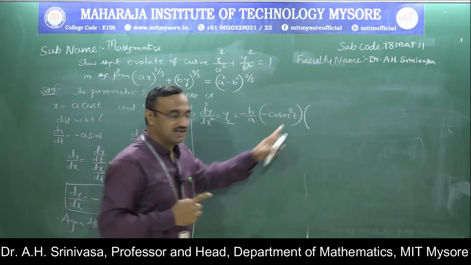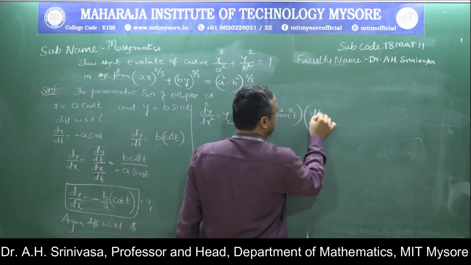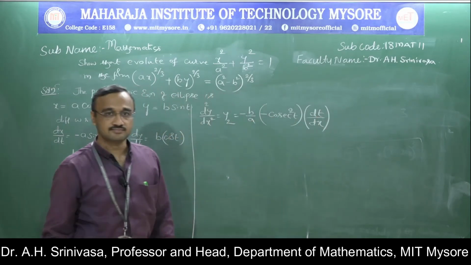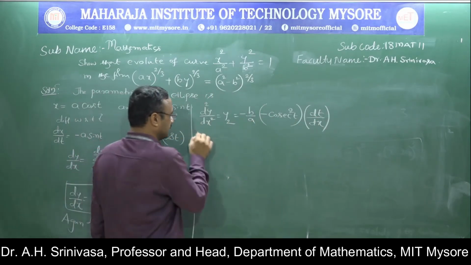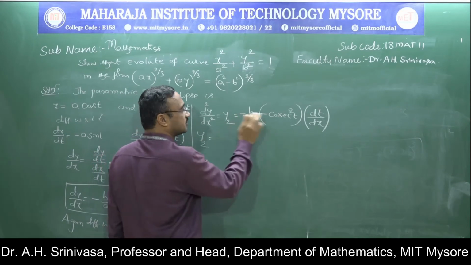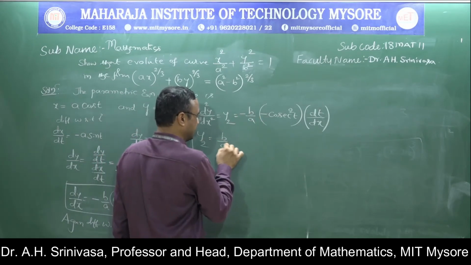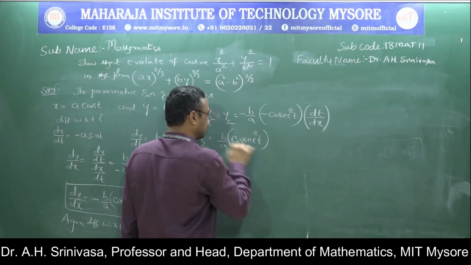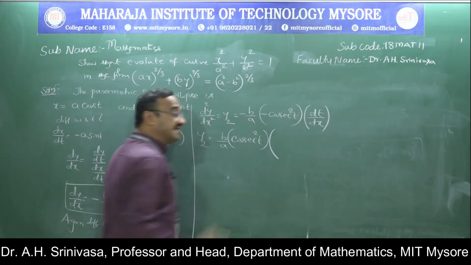You have to differentiate t also. This becomes dt divided by dx. Then y2 is minus into minus plus b by a cosecant square t into dt by dx.